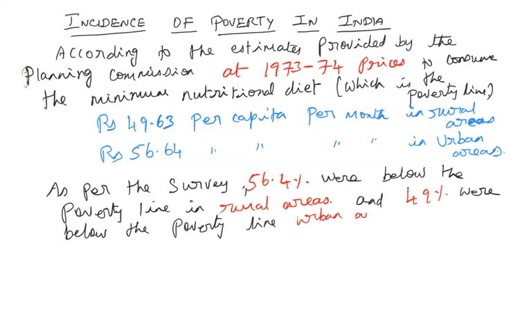So you can see, almost half the percentage in both the rural and urban areas were below the poverty line. So this was in 1973-74. So the total percentage, both rural and urban put together, nearly 56% of the population were below the poverty line in India.